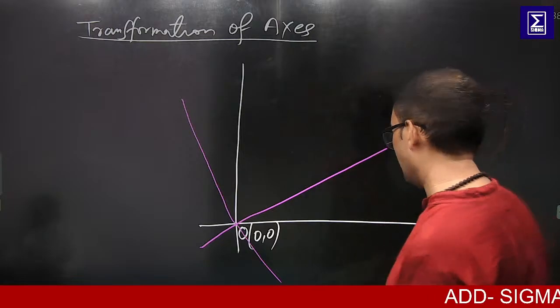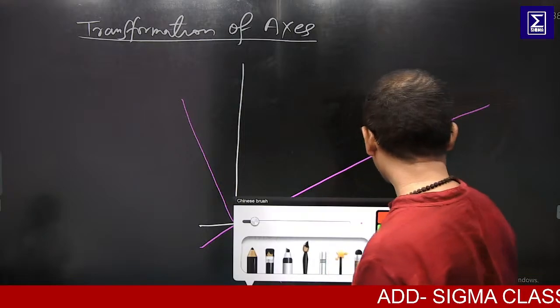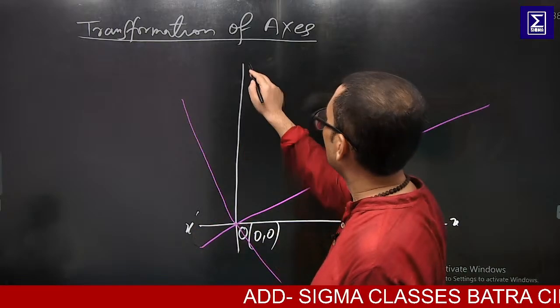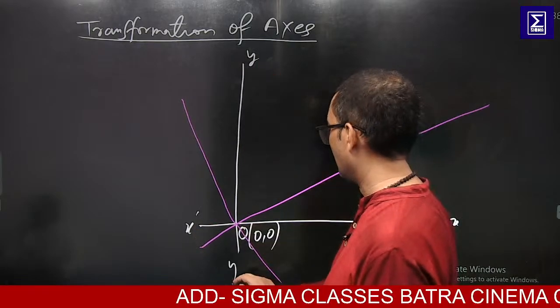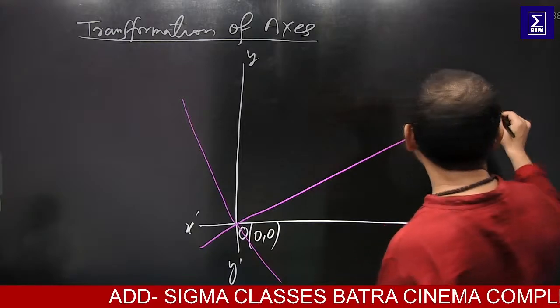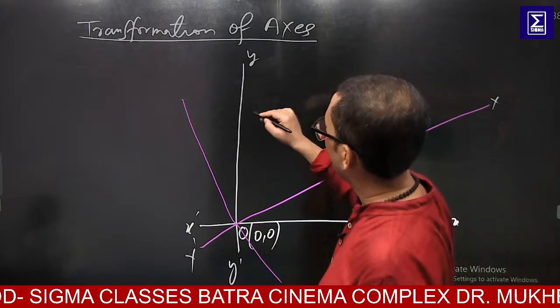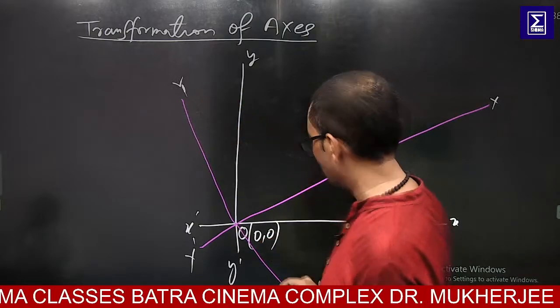So the old one is x, x dash, y, y dash, and the new one is capital X, capital X dash, and then capital Y and capital Y dash.